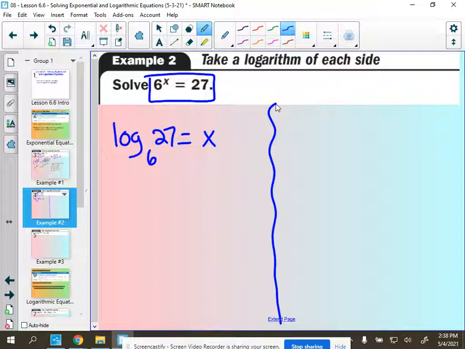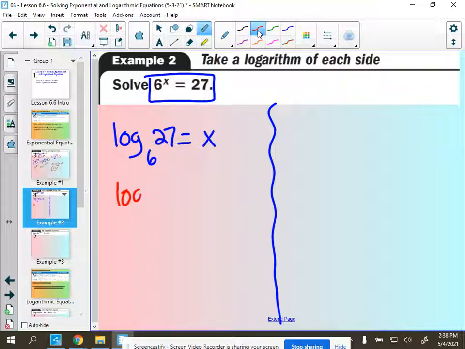But if you think back to the previous lesson, the last thing we did was learn a change of base formula. I can use that change of base formula to evaluate the log base 6 of 27 using common logs or natural logs, because my calculator has that ability. So I'm sitting right here and I think, you know what? I can do this.